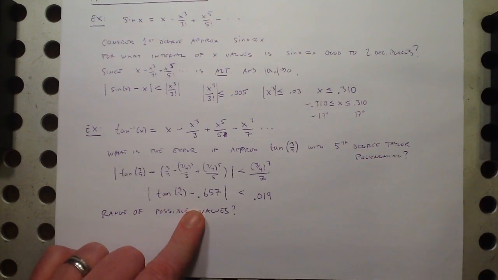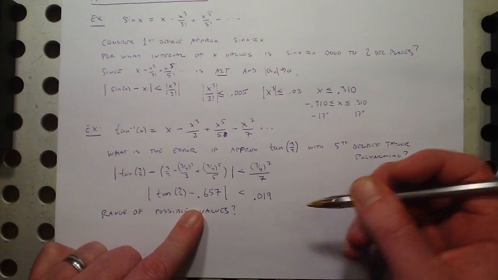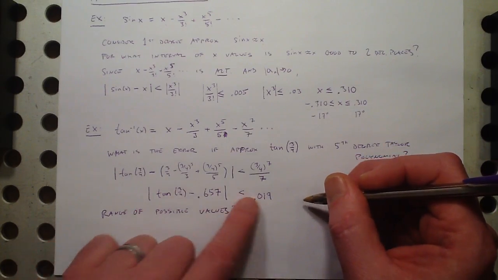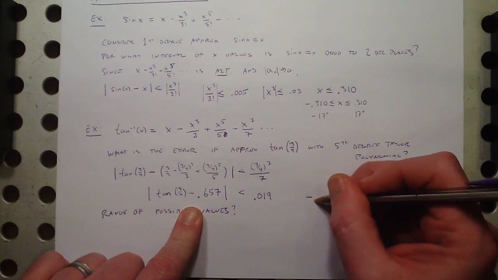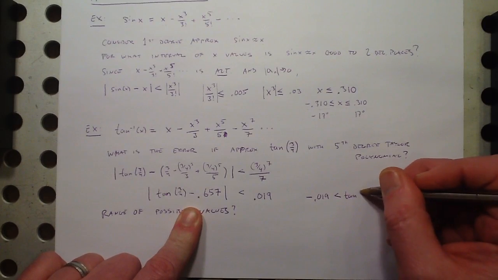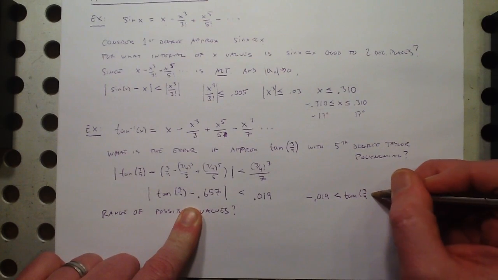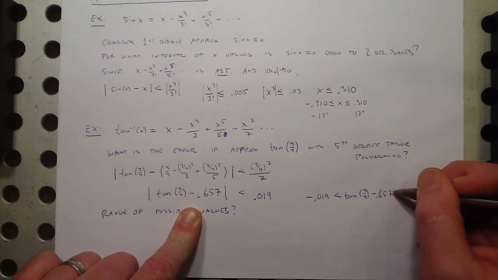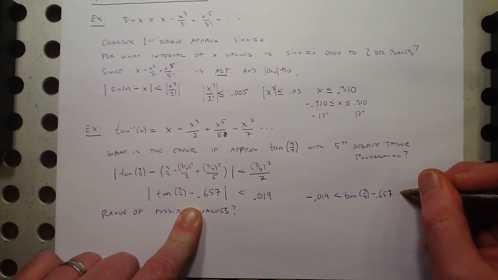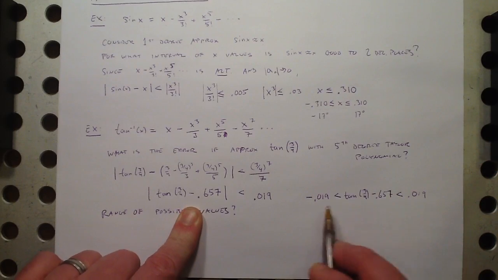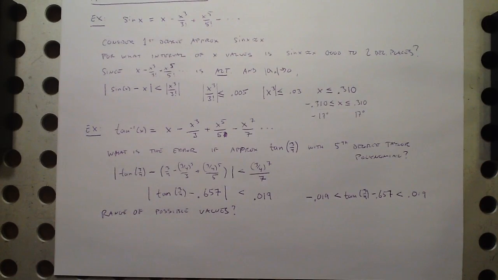If you want to go through the algebra, this absolute value inequality is the same as saying that the difference between those two things is between negative 0.019 and 0.019.